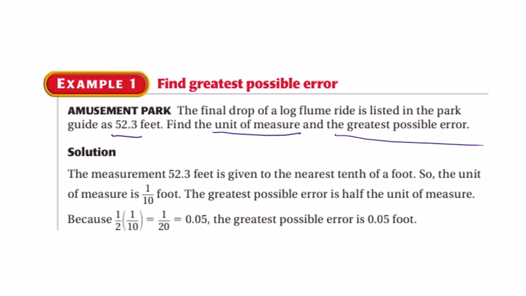So, the unit measure here is 1/10 of a foot, which means the greatest possible error is half of that unit measure, so 1/2 times 1/10 equals 1/20th, or 5/100ths, or 0.05. So the greatest possible error is 0.05 foot.